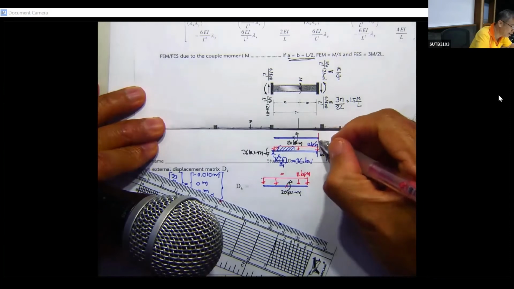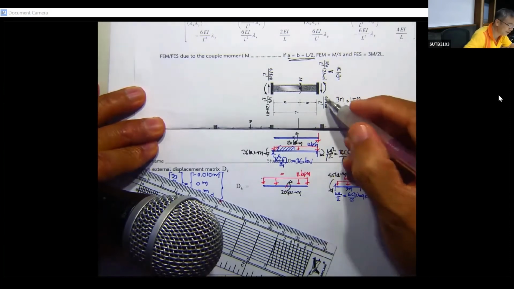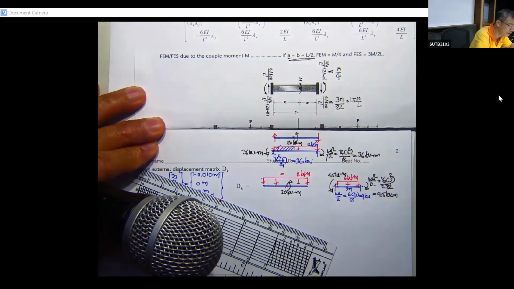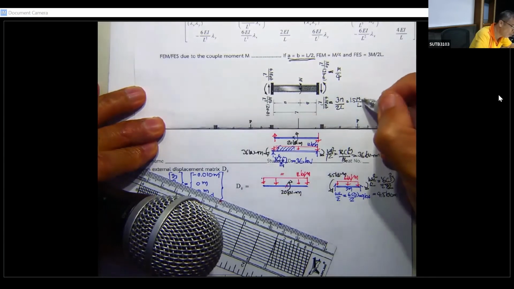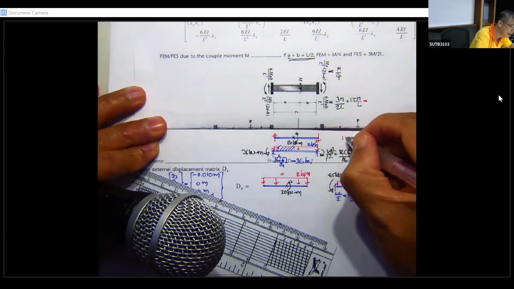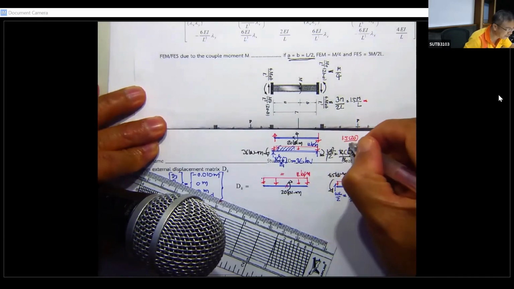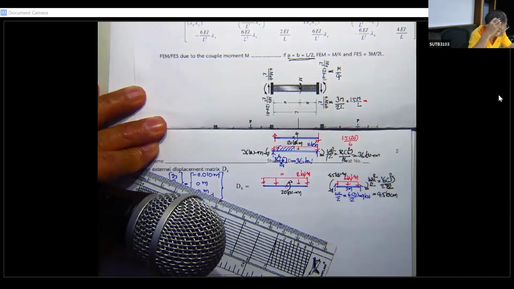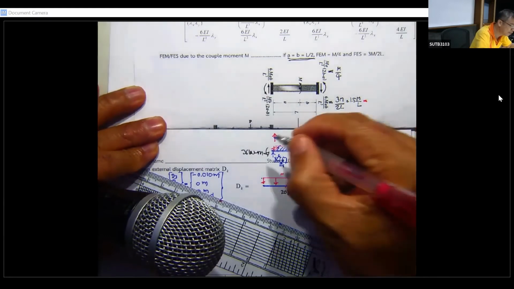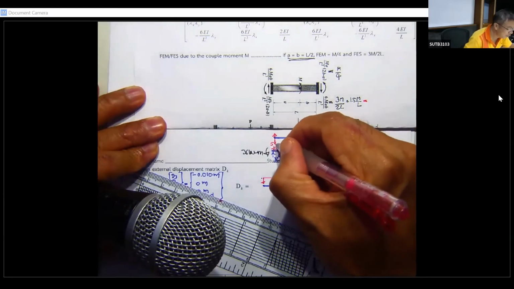This one is downward, this one is upward, and if you put it into this, you may compute it to be 1.5 times 20 divided by 6, which is 30 divided by 6. That is going to be 5 kilonewton, and this is going to be 5 kilonewton.